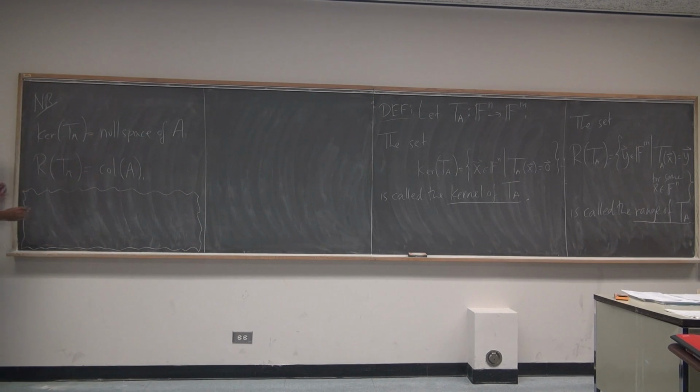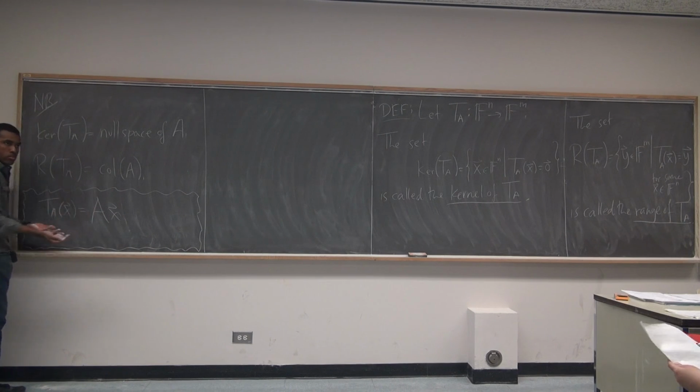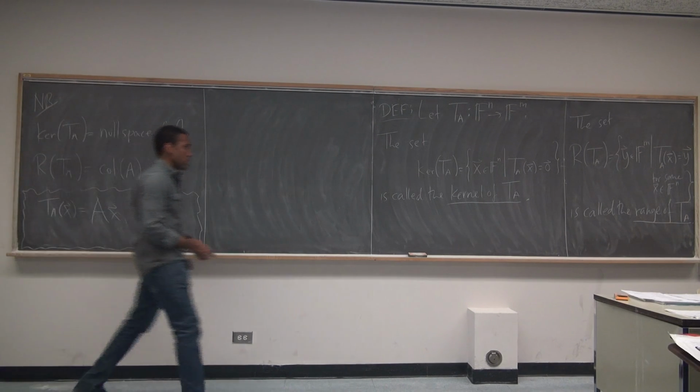I mentioned this last time, but I just want to make sure everyone actually remembers. When I say T_A of x, how you interpret that is actually A times x as a matrix, right? So we all remember that. Right, so that's what I mean by the matrix. This is a function represented by a matrix, meaning that this function is defined as multiply on the left by the matrix A. That's how we define these transformations.